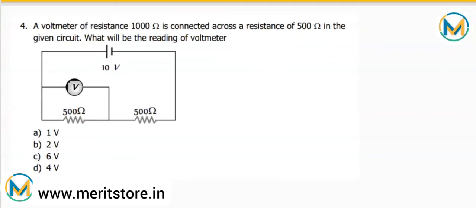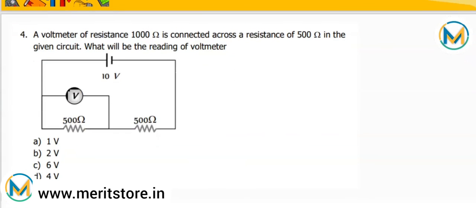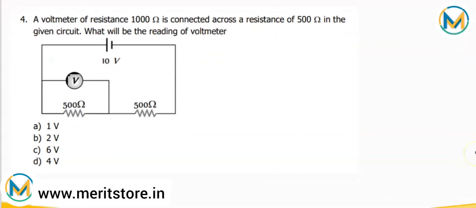Now next, a voltmeter of resistance 1000 ohm is connected across a resistance of 500 ohm in the given circuit. What will be the reading of the voltmeter? The total current through the circuit I is given as 10 upon (1000 by 3 plus 500), and this comes out to be 3 upon 250 ampere.